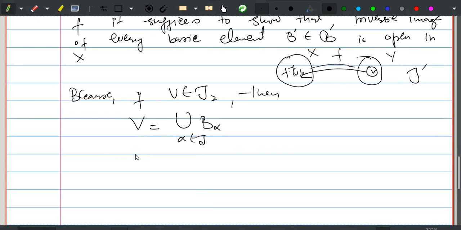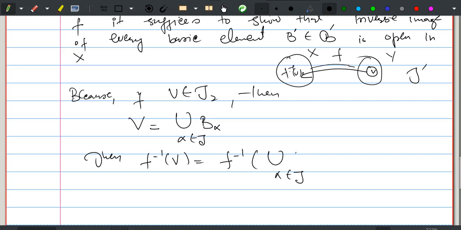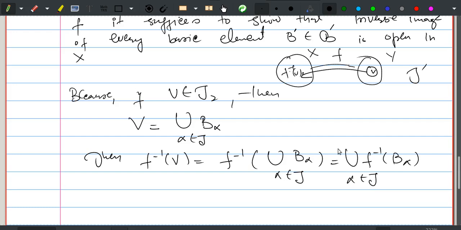now let us look at the inverse image of V, which is the inverse image of this union here, which is the union of the inverse images of B alpha, where alpha is in J. Now if each f inverse B alpha is open, then we know that an arbitrary union of open sets is open, so this is open. So f inverse V will be open if the inverse image of each basic element is open.